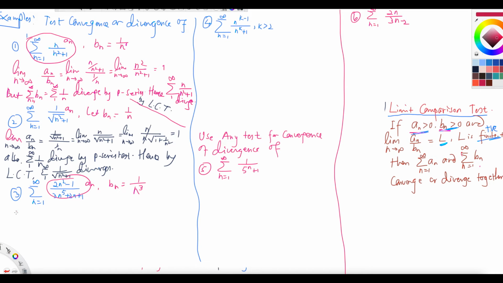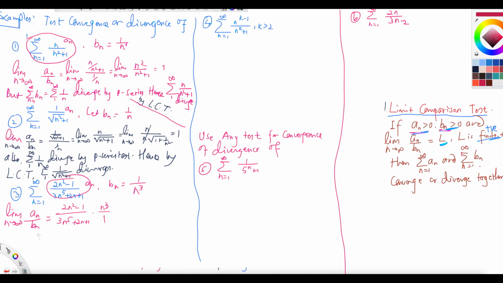Now, what I'm going to do is take the limit as n tends to infinity of an over bn, which equals 2n squared minus 1 over 3n to the 5th plus 2n plus 1, times n cubed over 1. How?